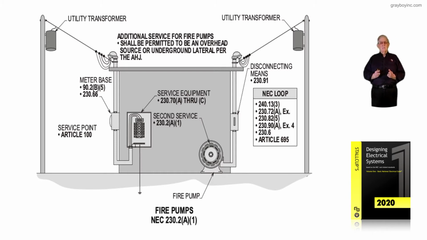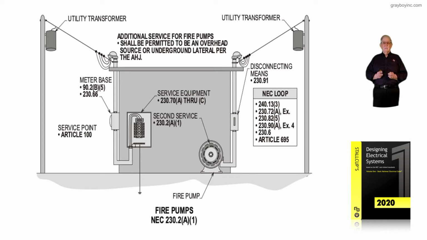But usually there is a plaque identifying these services, so the electrician coming out, or a contractor or engineer, for example, will know that there are 2 services supplying this building. And then 230.82(5) would even allow a tap ahead of the main where the authority having jurisdiction would permit it.